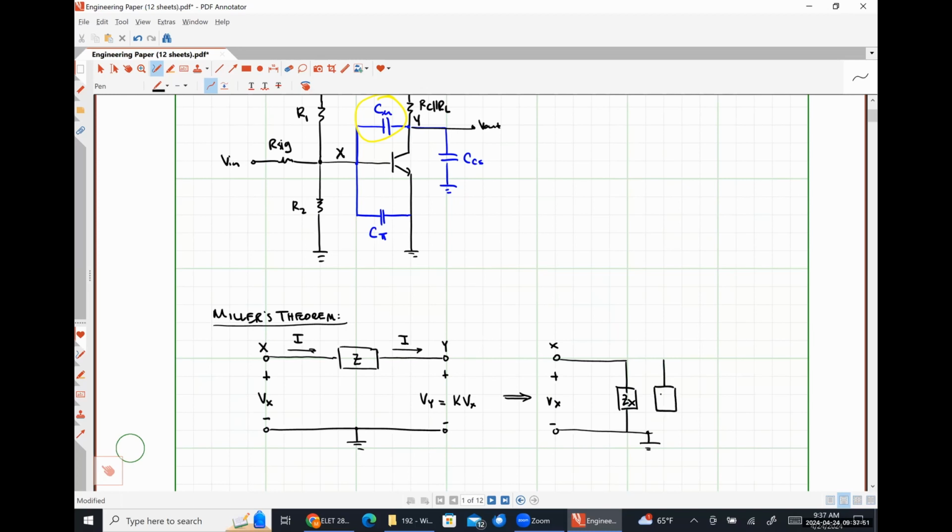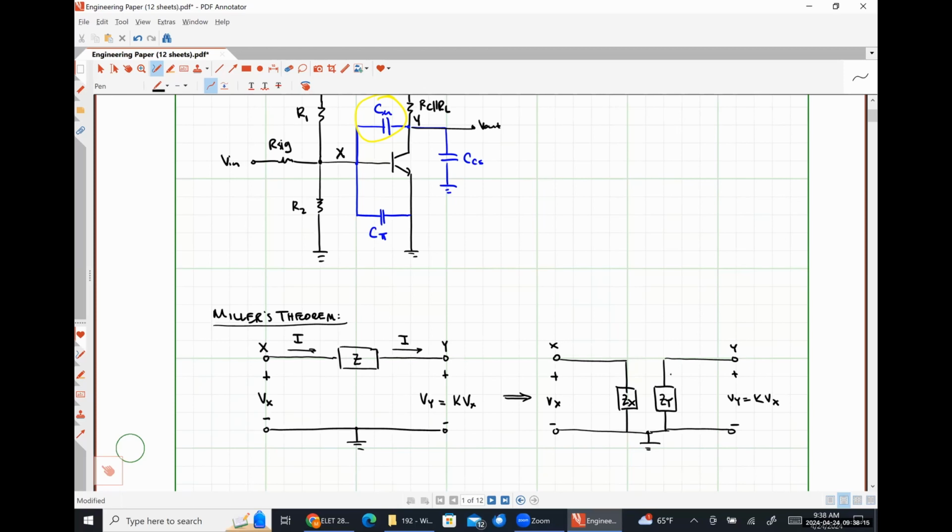I'm going to have my referred impedance Zy over here on the output side. So here's Y. Here's Vy, which should still be K Vx.